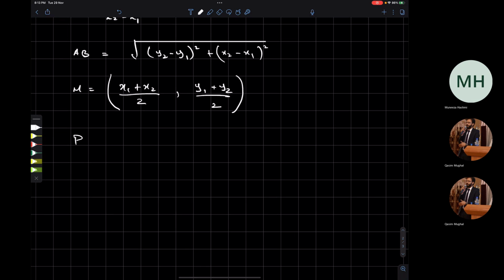Whenever you have parallel lines, their gradient is always the same. So for two parallel lines, L1 and L2, you can say that m1 would be equal to m2.